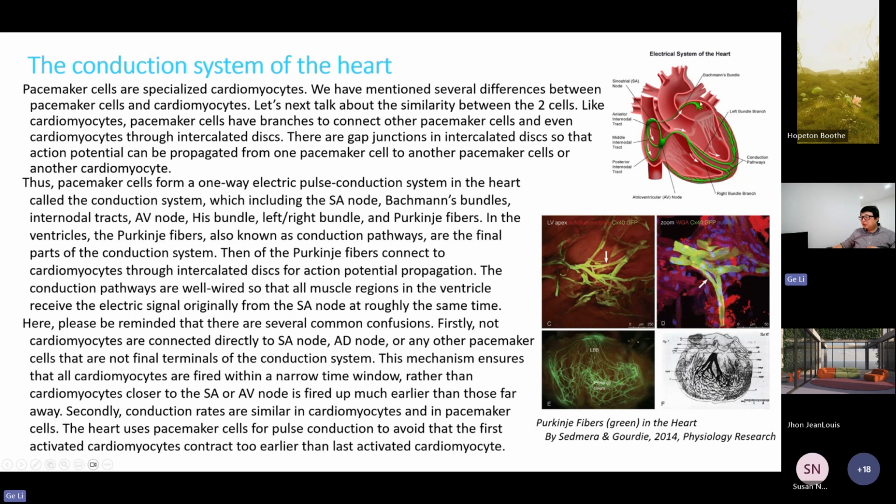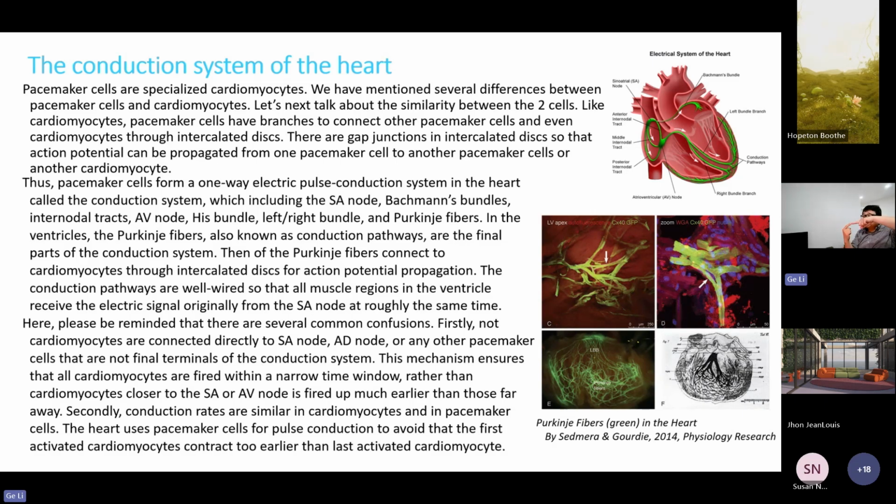All of these major tracks or bundles not only connect the SA node to the AV node, but also reach out small fibers. At the end of this conduction system, there's a cardiomyocyte. So this is more like a tree.